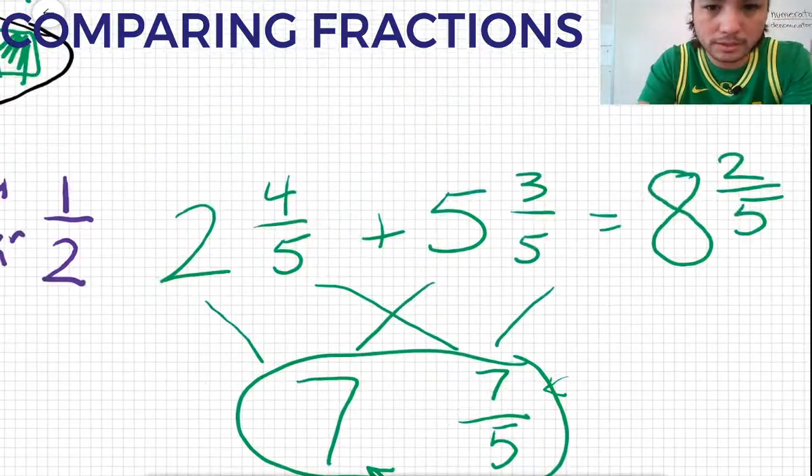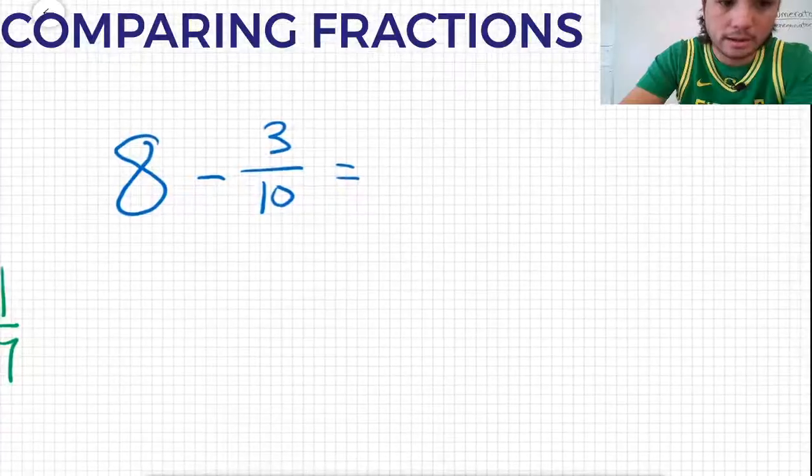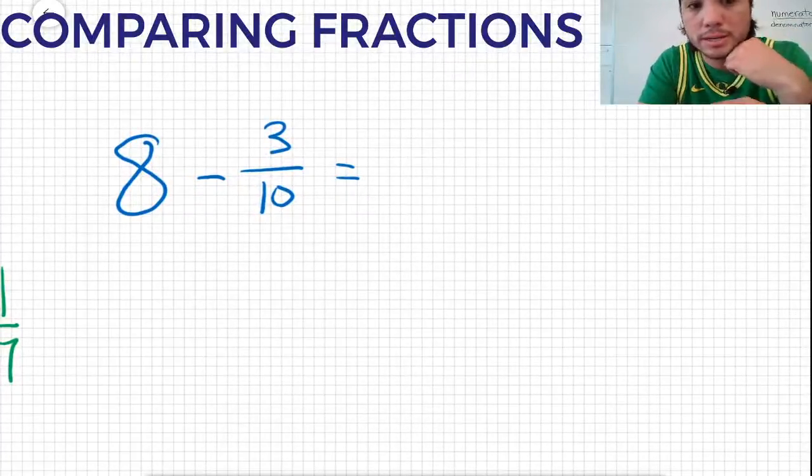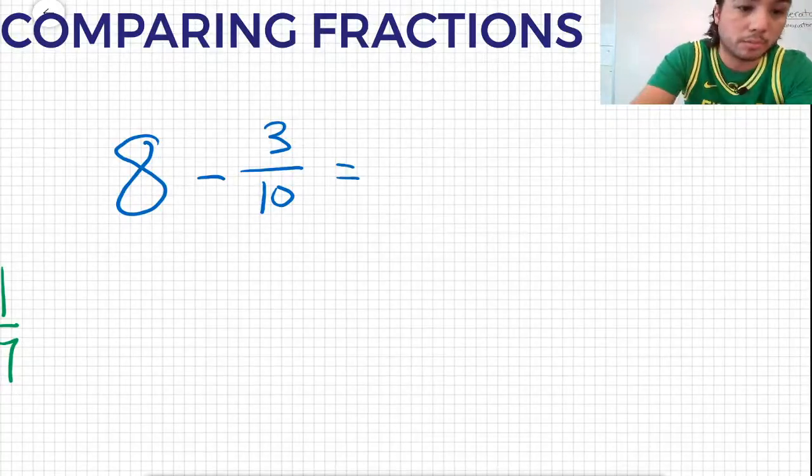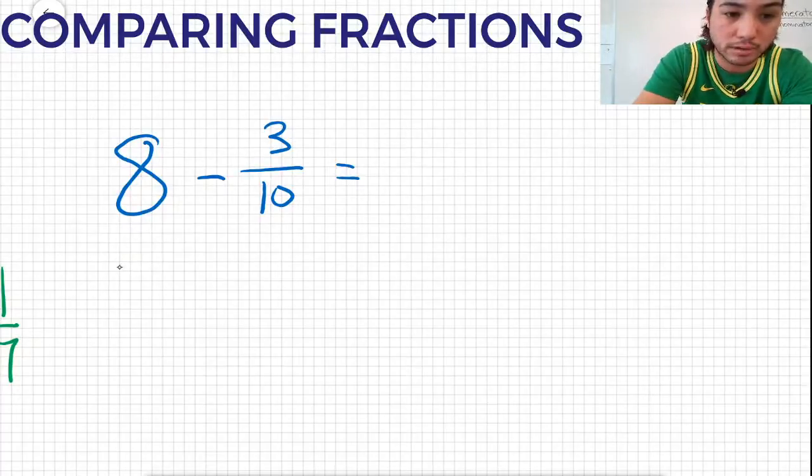Okay? Last one, 8 minus 3/10. What? This doesn't have a mixed number in it at all. It's a whole number minus a fraction. What the heck do we do? You do the same thing that you would do if you needed to decompose to subtract a fraction by a fraction.